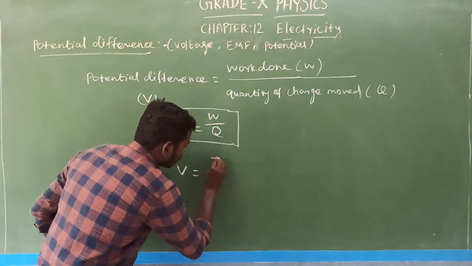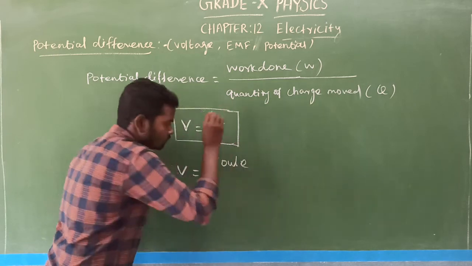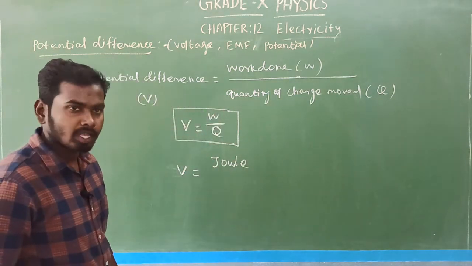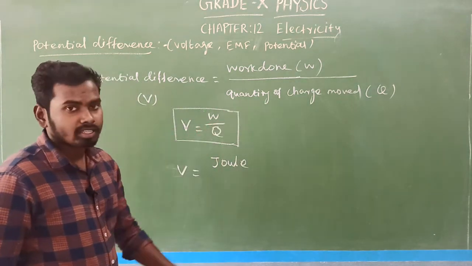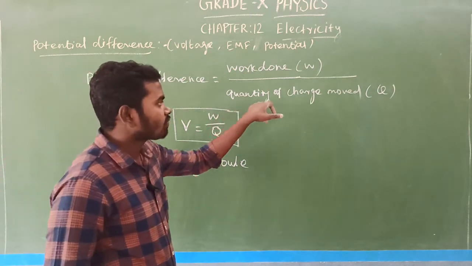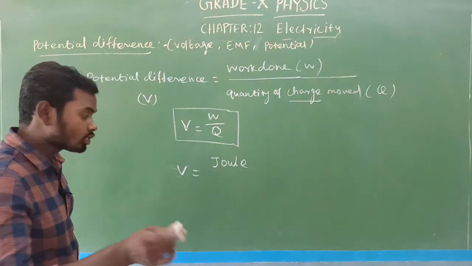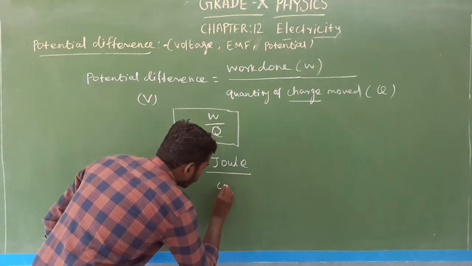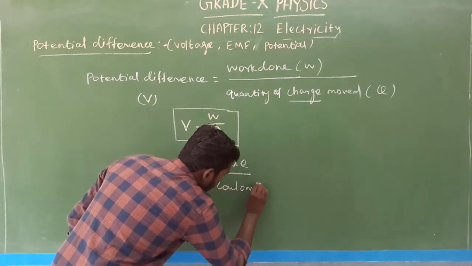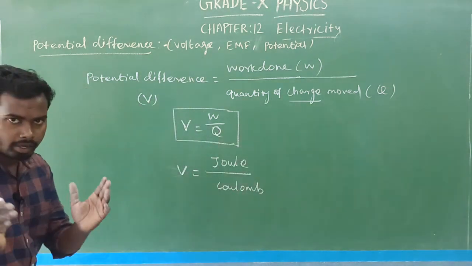So here joule. Am I right or wrong? Yes. Next, what is the SI unit of charge? Because charge is there. That is coulomb. So divided by coulomb. Okay, next look here.